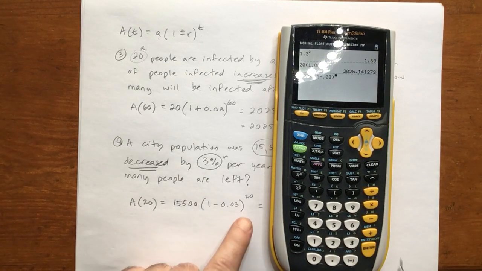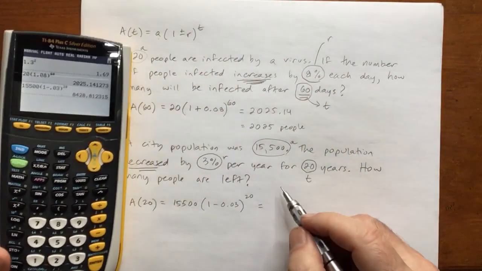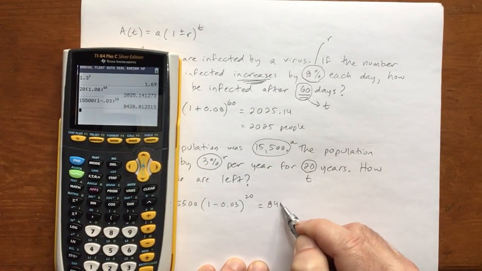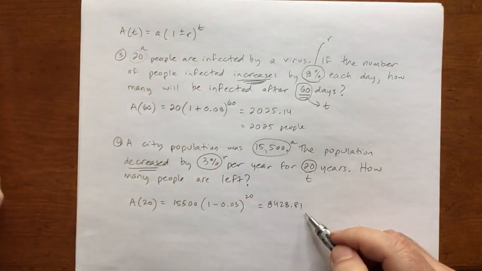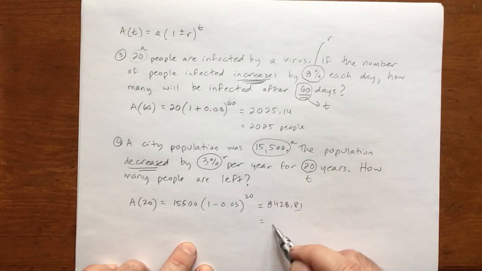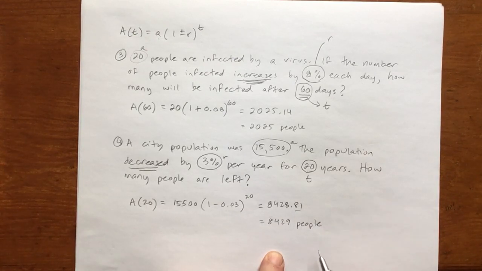Okay, and then we're going to raise that, so I hit the caret button again, to the 20th power. So we have 8,428.81 people remaining. Maybe that last person didn't leave yet, and so we'll round to 8,429 people.